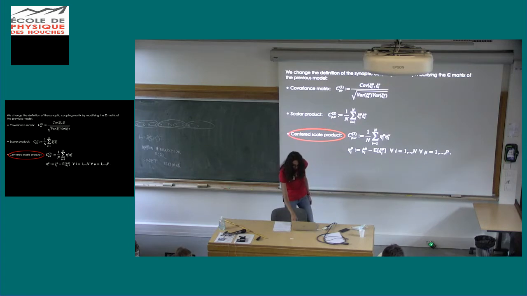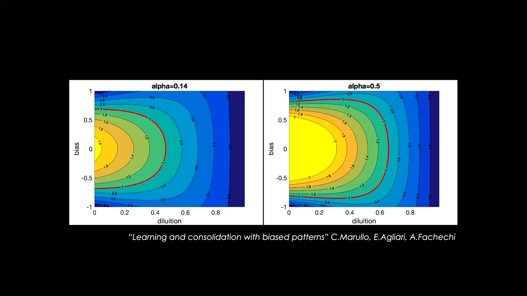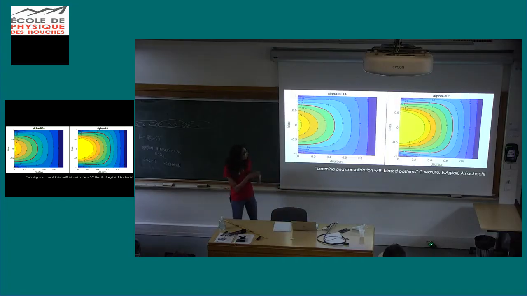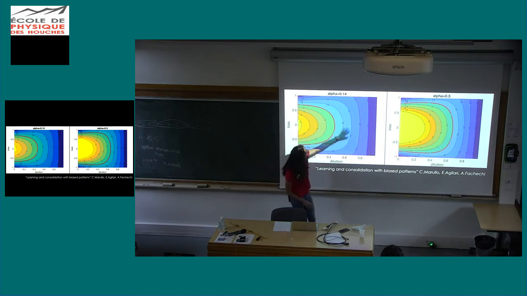And why this? Because it can be proved that the theorem I showed you before, the one that tells us that we can reach alpha equal to 1, is also valid in this case, but obviously with some constraints on dilution and bias. This is the plot of the C norm, and in this part here, the theorem says we can reach alpha equal to 1, while in the blue part, the theorem is not valid.